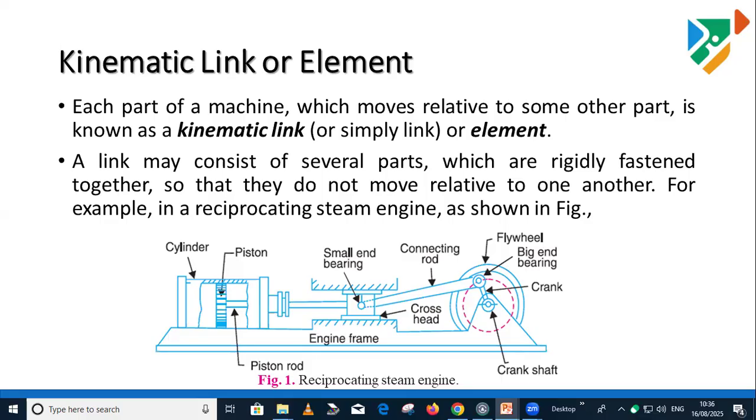If you look at the slider crank mechanism, we have a crankshaft, a connecting rod and a piston. Motion transmission occurs from the crank to the connecting rod to the piston, and the piston slides inside the cylinder. So this is how the movement happens, how many linkages are connected, how many degrees of freedom are required, and how we can achieve motion from rotary direction to linear direction, which we need to study.